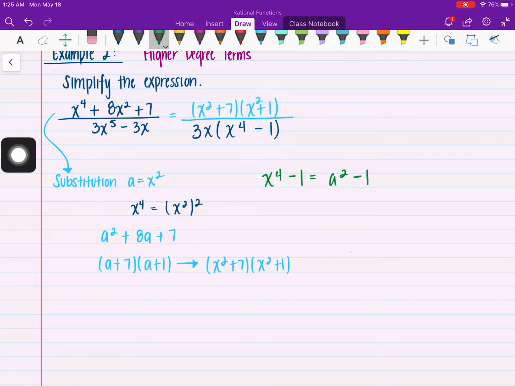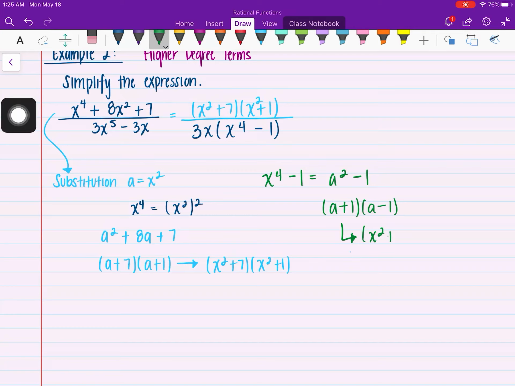And if you guys recall, a squared minus 1, this would be a difference of squares. So then this basically factors to a plus 1 and a minus 1. And from here, we're just going to go ahead and substitute it back with the x. So since a is x squared, we have x squared plus 1 and x squared minus 1.